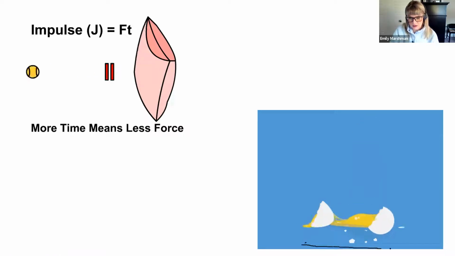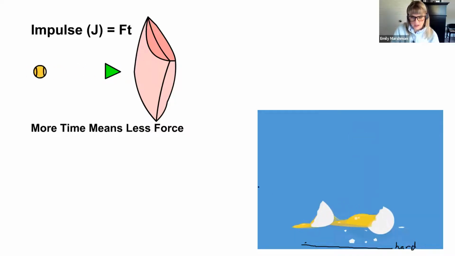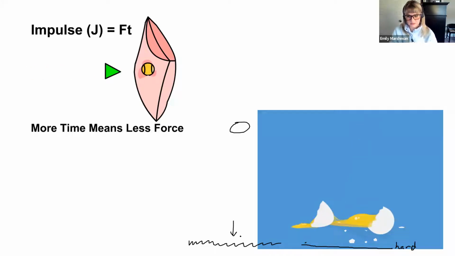And let's say I drop it on hardwood floor. And let's say over here, this is the carpet. Here's my egg. It doesn't crack when I hit the carpet. Okay, why?